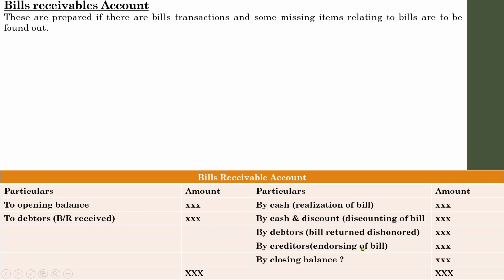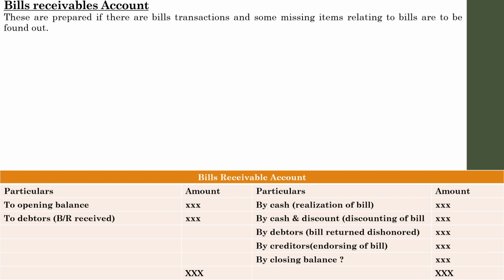Here, by creditors or endorsing of bill means I am liable to a person A, because I have borrowed 1000 rupees from A, and at the same time a person B has to pay 1000 rupees to me. So I got an agreement with B and drew a bill, that is B has to pay such and such amount, that is 1000 rupees, to me on a specific date.